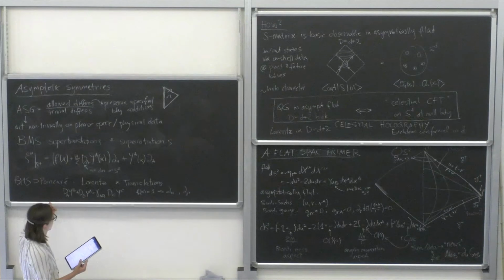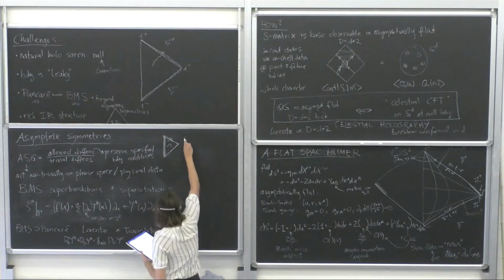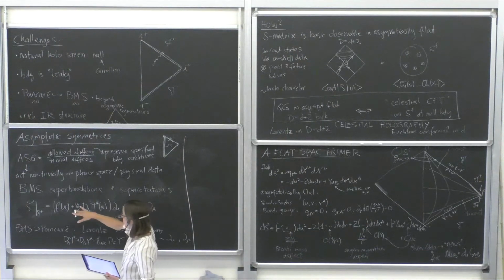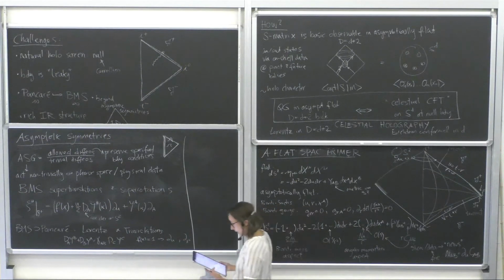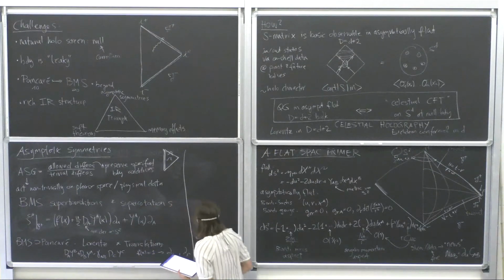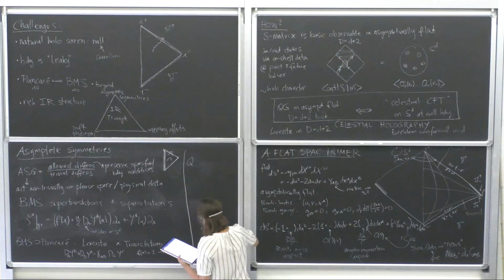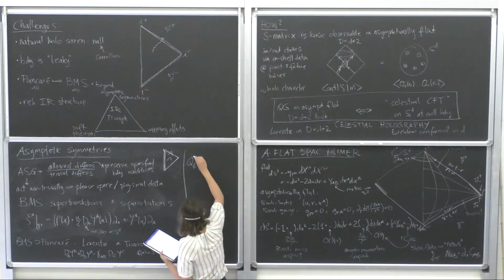Okay, then let me, since I'm running short of time, let me just add here that we can compute charges for these symmetries, and that's done via the so-called covariant phase space formalism. That itself would require another lecture. So instead, let me just write down how the charges look and motivate them. So we can write down charges for super translations at the future boundary.